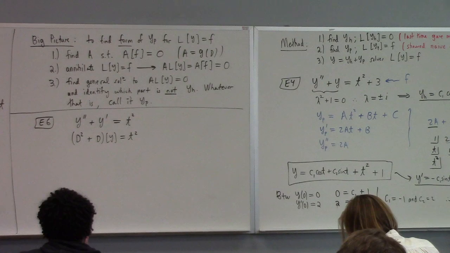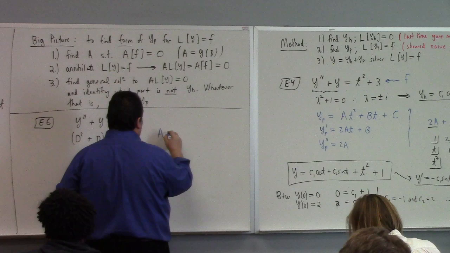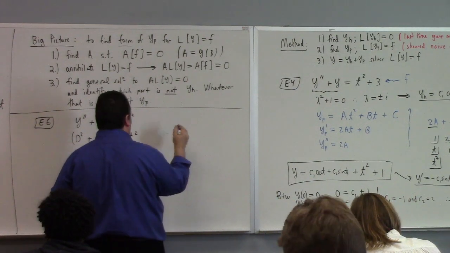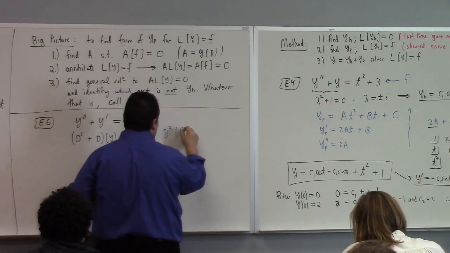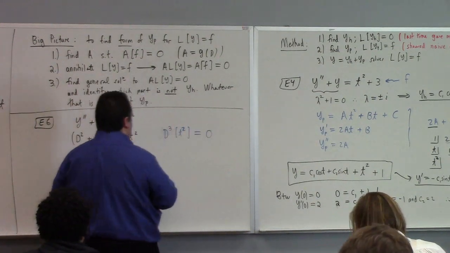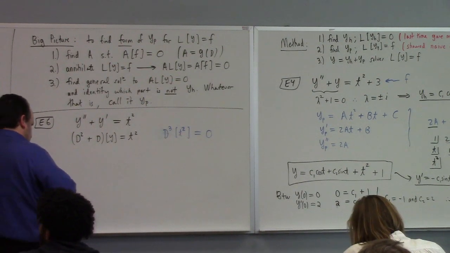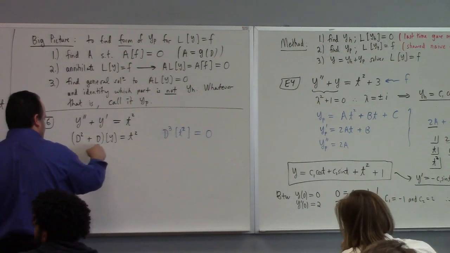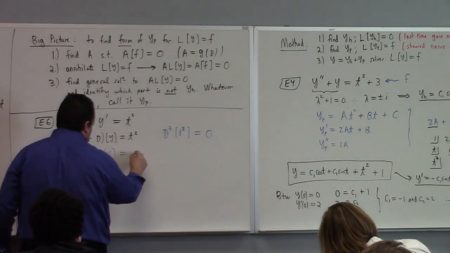What will annihilate t squared? I heard a third derivative. So D cubed acting on t squared is equal to 0. Very good. You got it. So then I annihilate this differential equation. I get D cubed times D times D plus 1, and that's equal to 0.